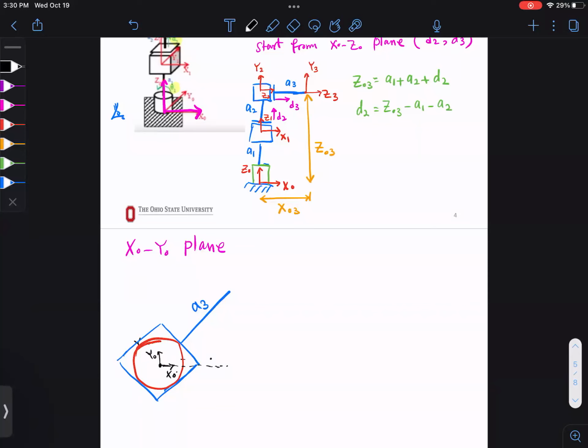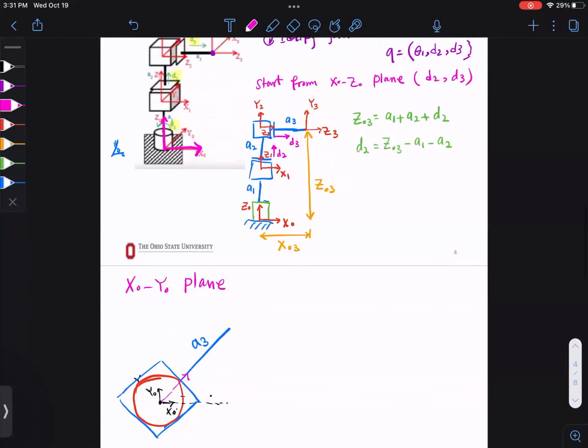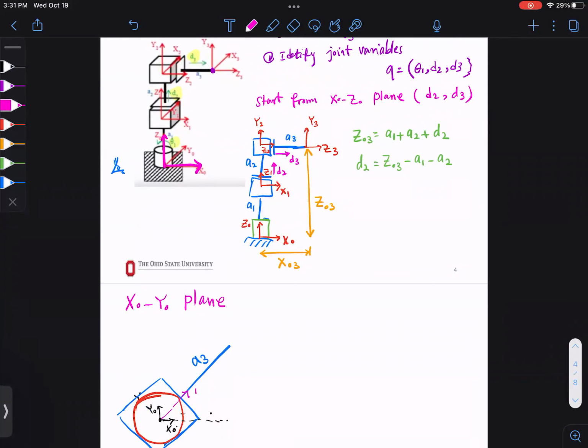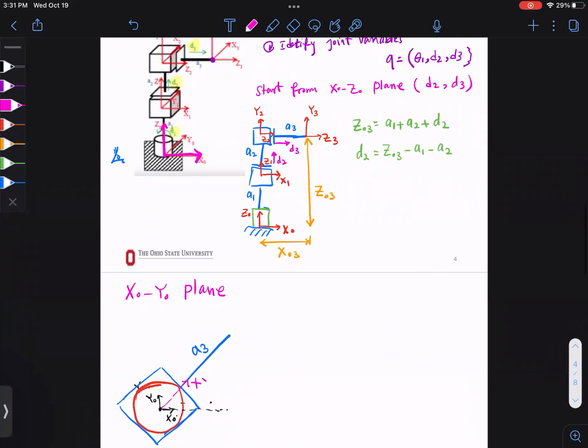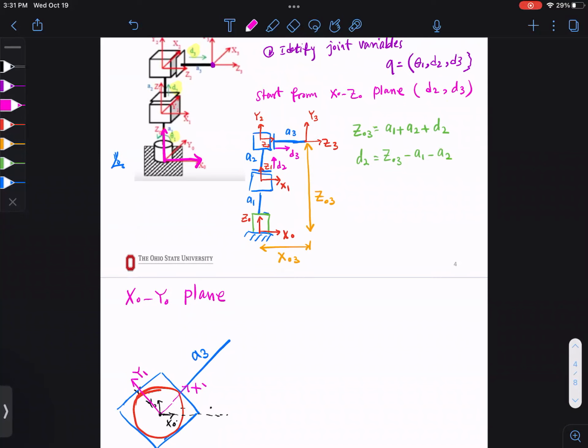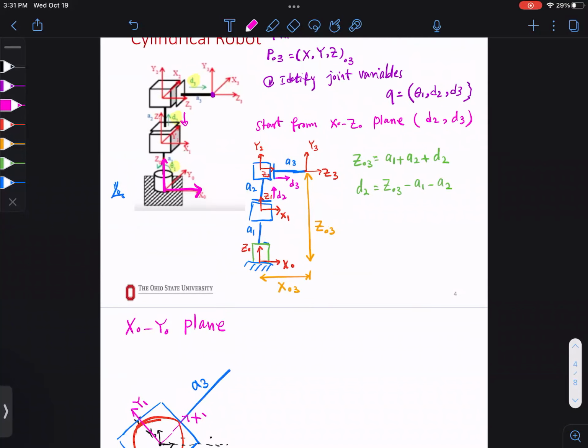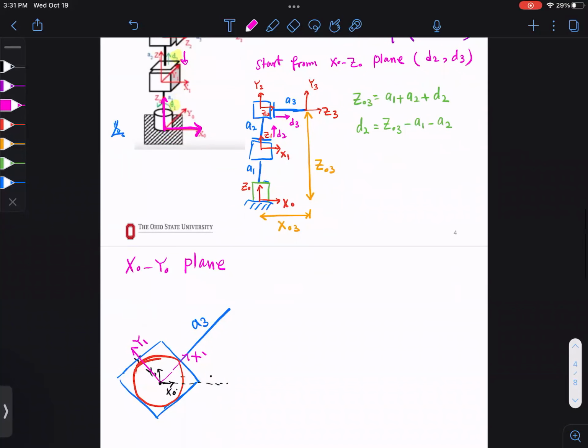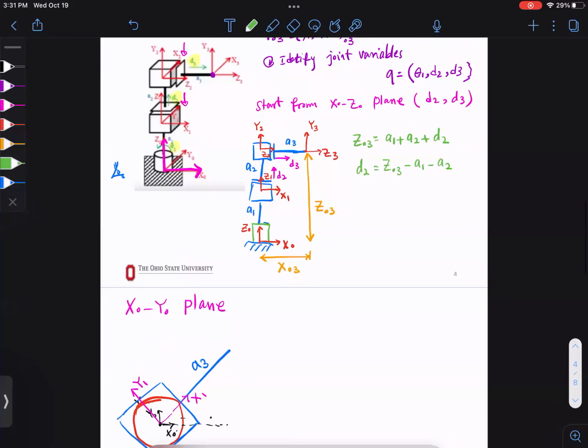But we moved. Now, in this motion, x1 would be in this direction. Your y1 would be in this direction. So I'm looking at the top here, right? And then I'm going to draw the second one. That is going to be z2 and x2.